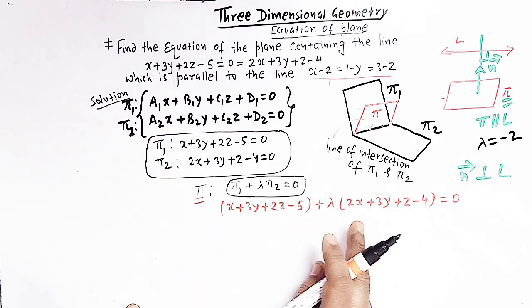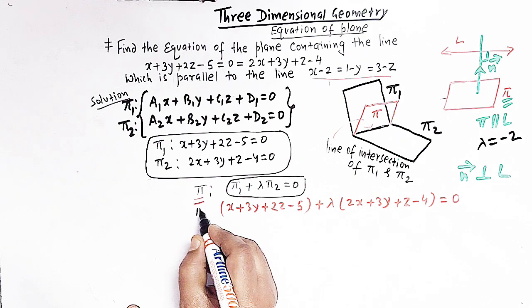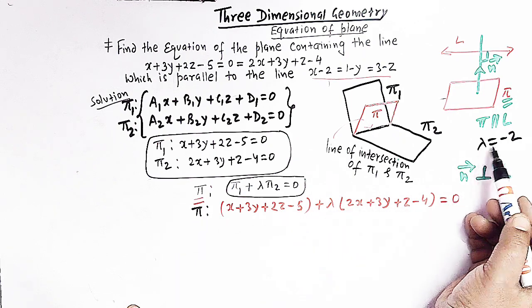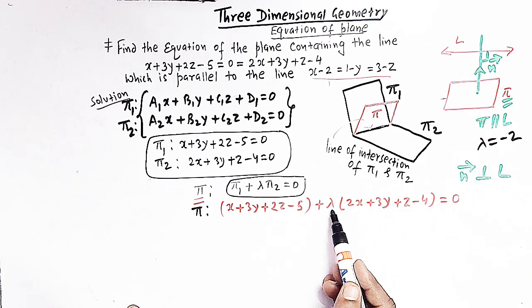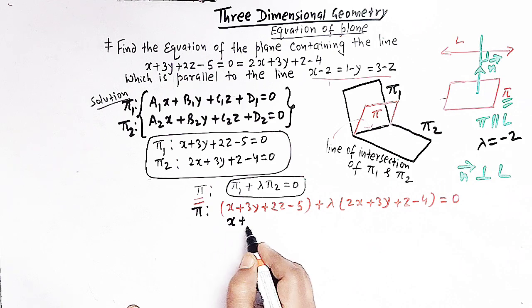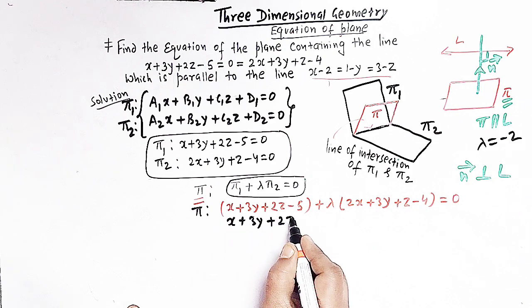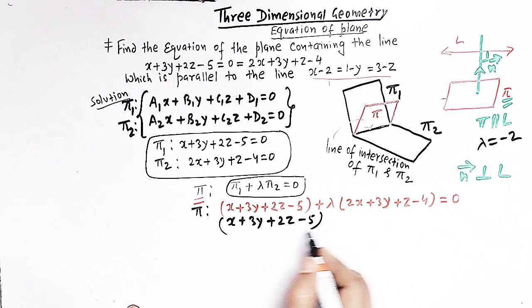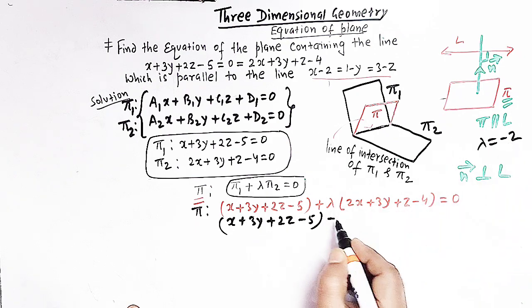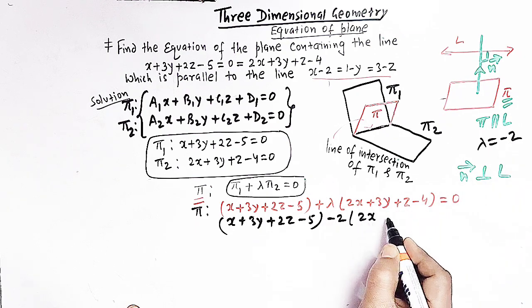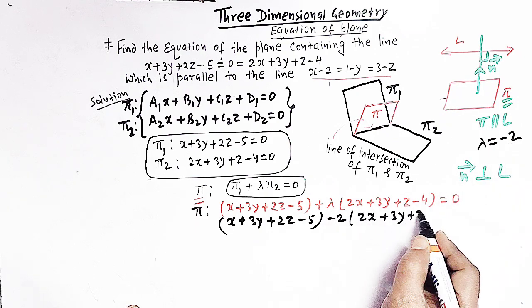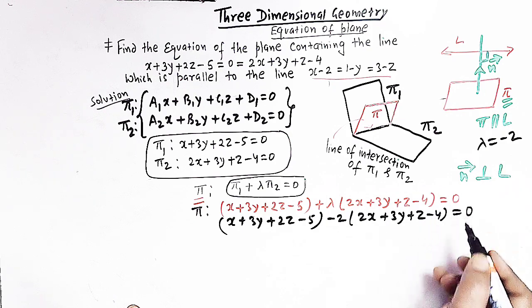Now to get the equation of the plane pi, let us substitute the value of lambda in this equation. So we have x plus 3y plus 2z minus 5, and then here lambda is equal to minus 2 times 2x plus 3y plus z minus 4 is equal to 0.